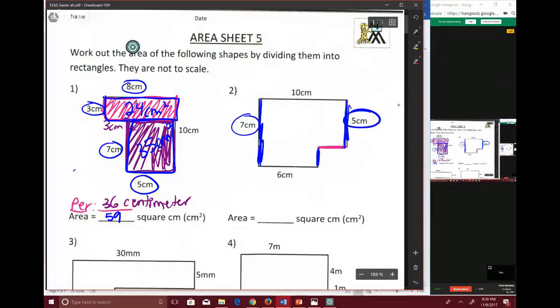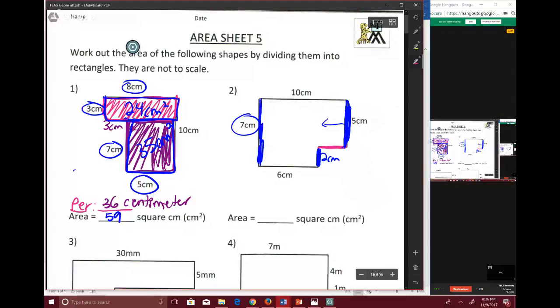So this vertical right here and this vertical right here, if you didn't have this in the way and you pulled this up here, they would add up to the 7. So 7 minus 5 tells me that I had 2 centimeters left, and I will label that right there. So my missing vertical line turns out to be 2 centimeters.